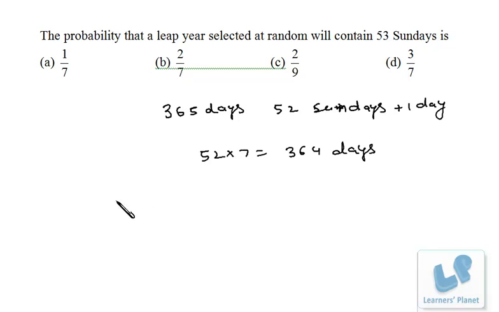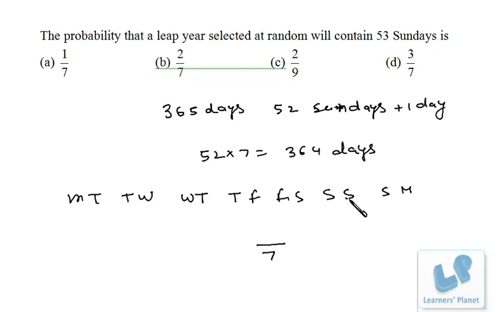Now these 2 days may make various combinations, maybe Monday, Tuesday, Tuesday, Wednesday, Wednesday, Thursday, Thursday, Friday, Friday, Saturday, Saturday and Sunday, and Sunday and Monday, right? So we are having 1, 2, 3, 4, 5, 6, 7 combinations in all. And out of these 7 combinations, we are having Sunday at 2 places, that is Saturday, Sunday and Sunday, Monday, right?